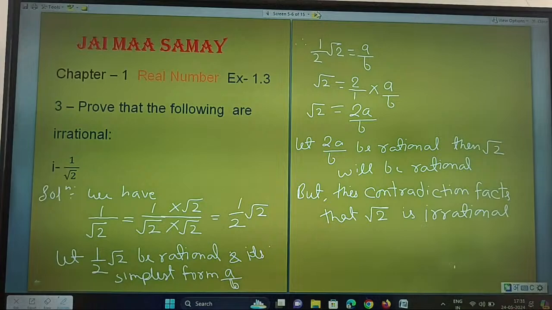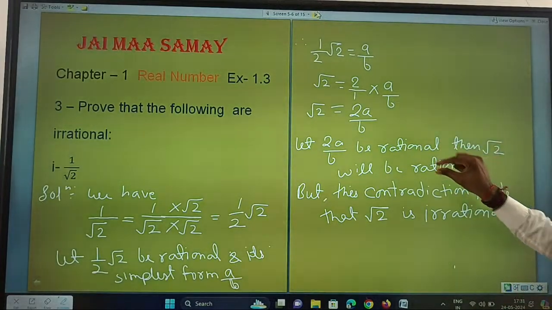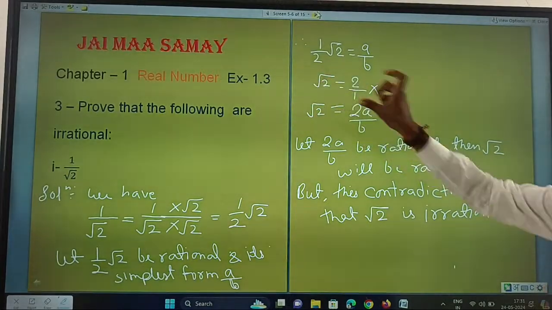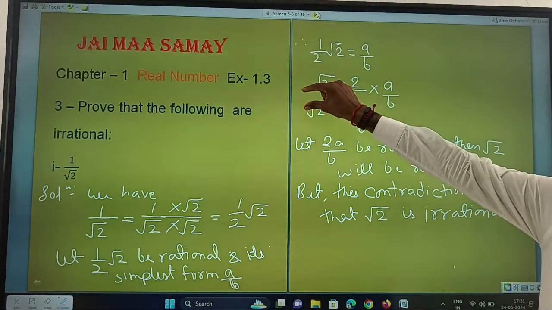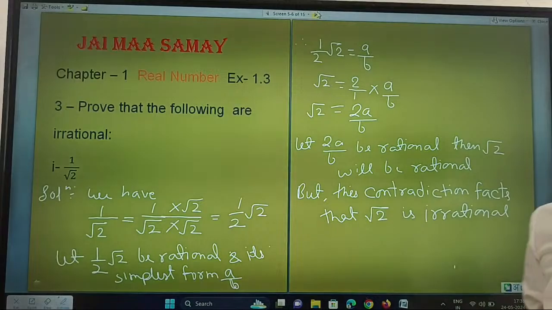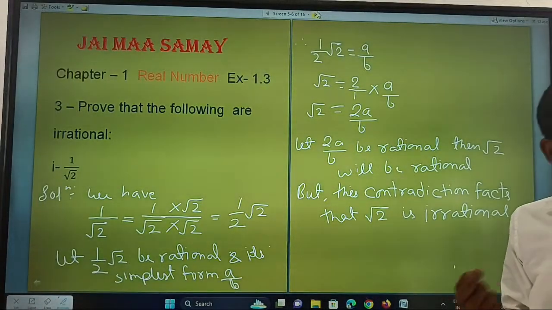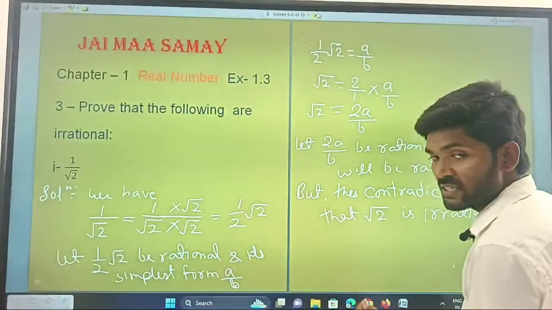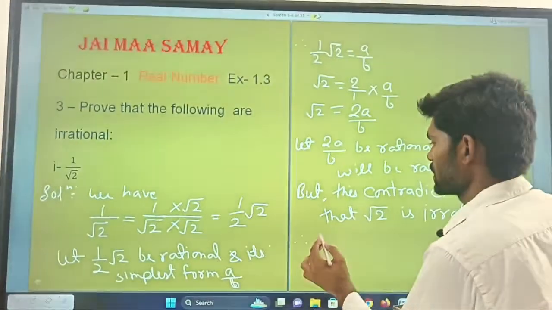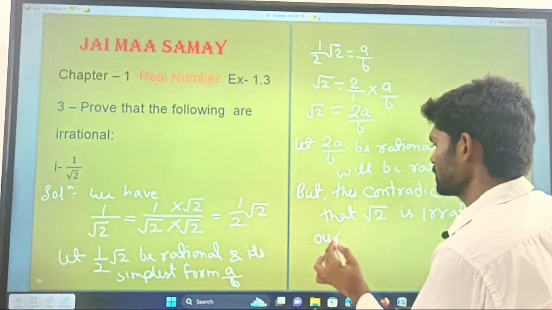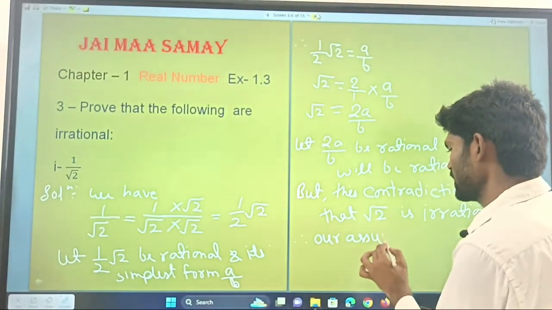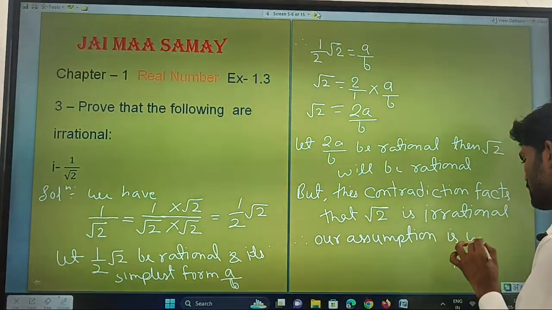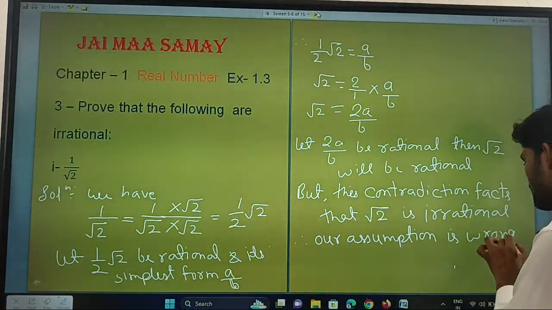Suppose the right side is rational, then the left side is also rational, but according to the rule, this is irrational. That's why our assumption is wrong. Assumption means imagination. Our assumption is wrong. Okay.